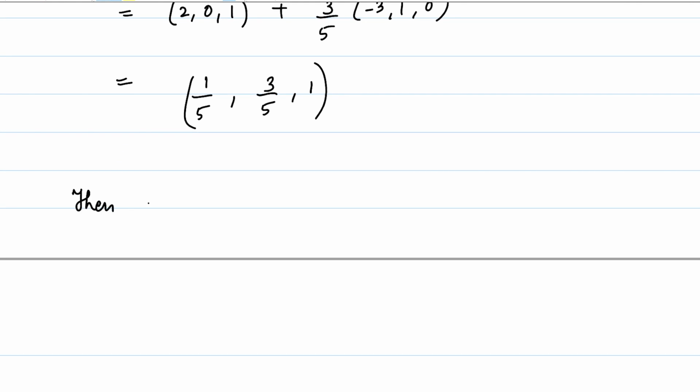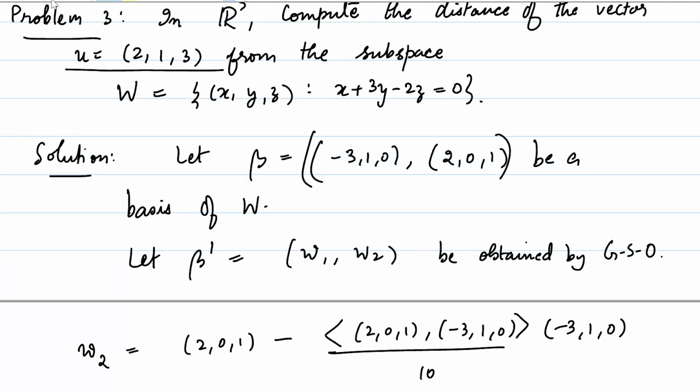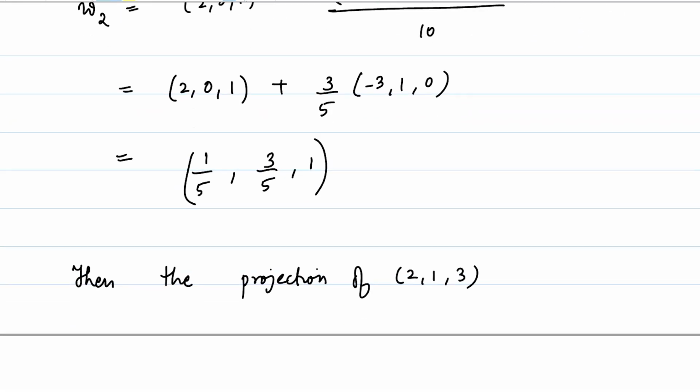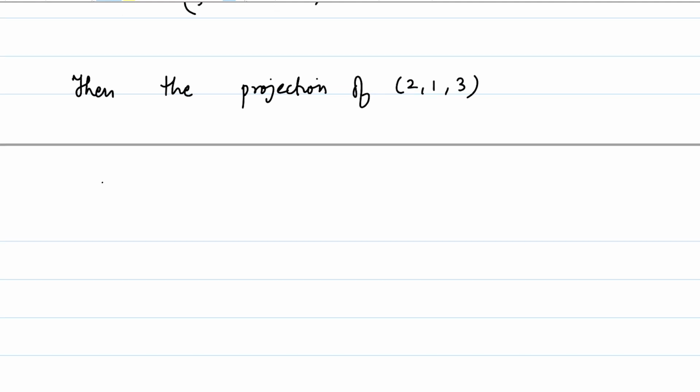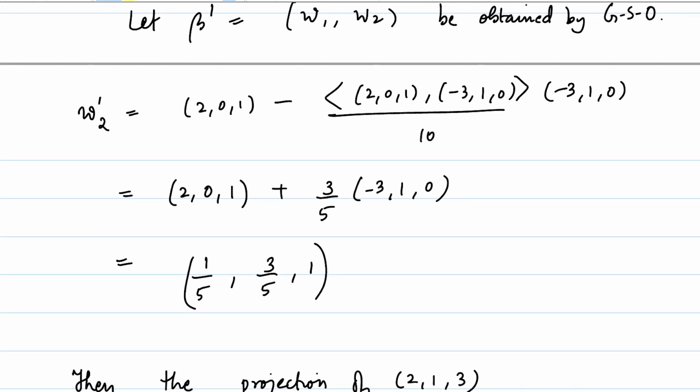And now let's see what is the projection of (2, 1, 3). The projection of (2, 1, 3) will give you the vector which is closest to (2, 1, 3), the closest vector in W. The projection, if you recall, is given by V equal to the inner product of (2, 1, 3) with W1 times W1 plus the inner product of (2, 1, 3) with W2 times W2, where W1 and W2 are obtained, oh, this is actually prime.